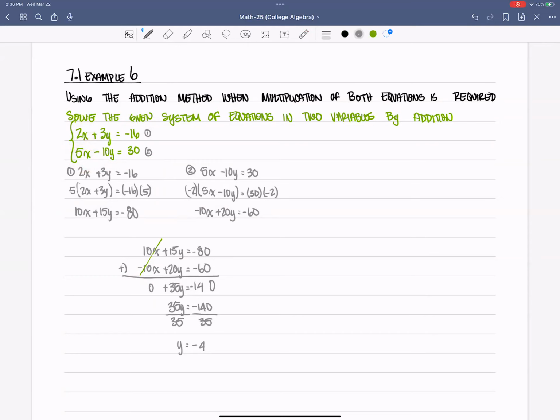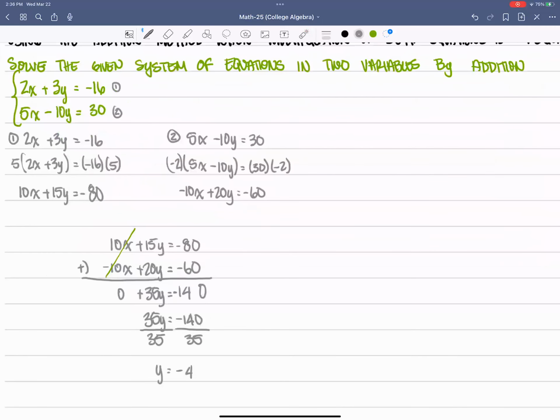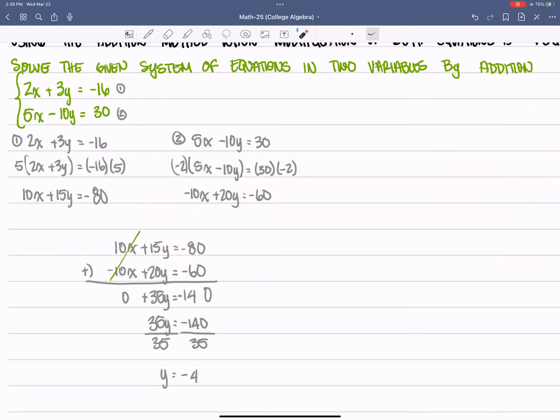So let's use that first equation. If you want to see that it'll work either way, you could do this one here just so you could see that it ends up being the exact same solution. 2x plus 3y is equal to negative 16. We let y equal negative 4. That's what all of this hard work was for.